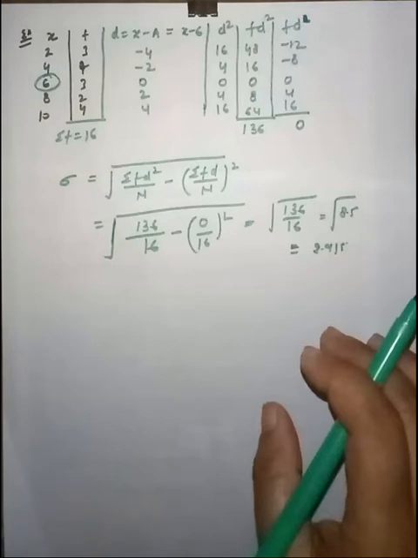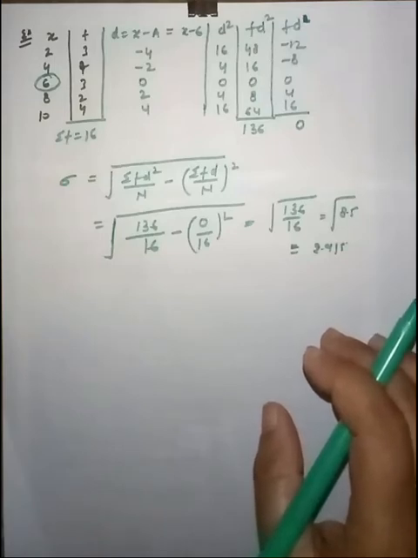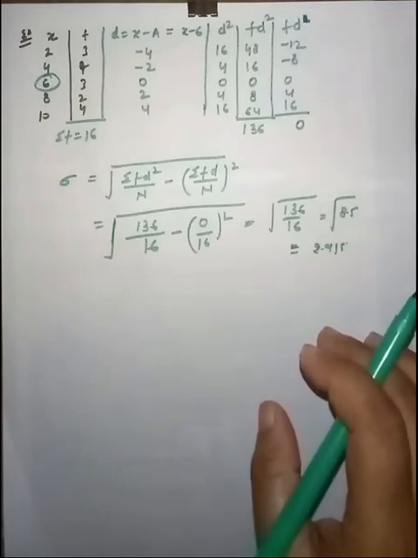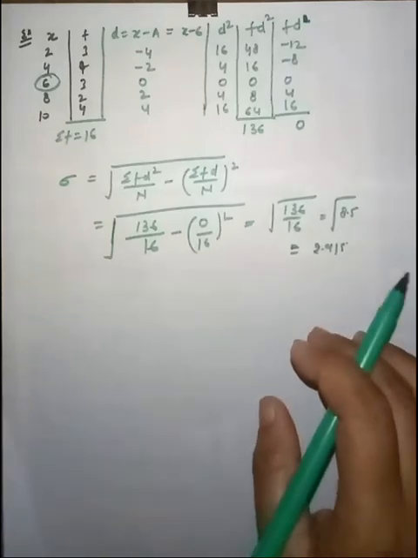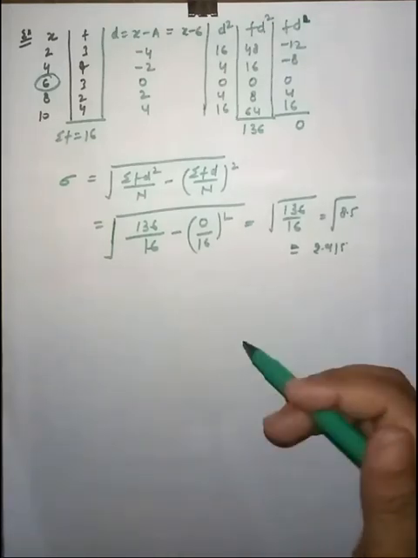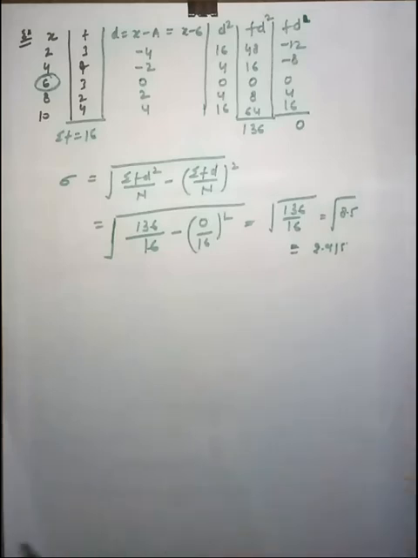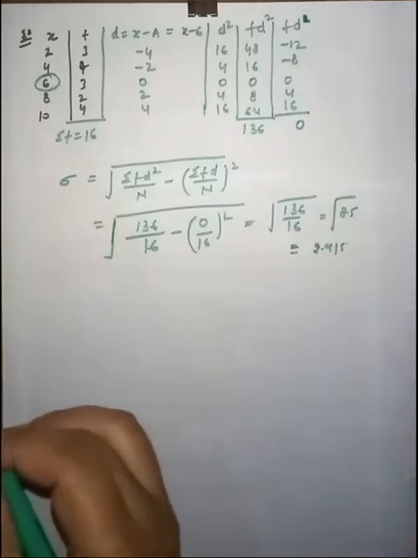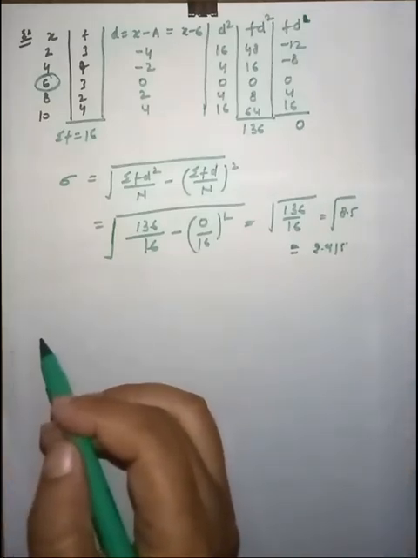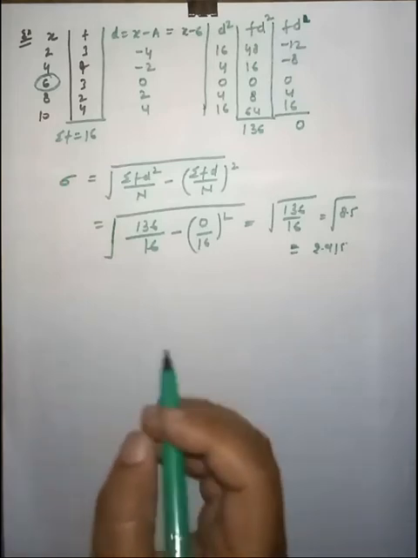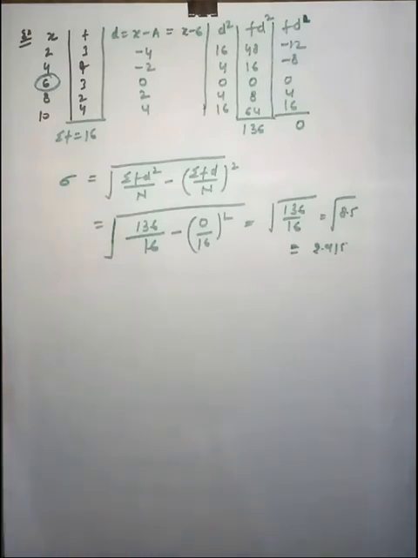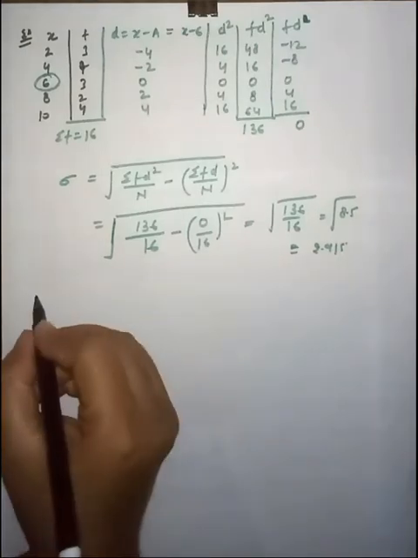Variance is also called a measure of dispersion, one kind of measure of dispersion, and it depends on the standard deviation. So how to find variance? Do you understand what variance is?